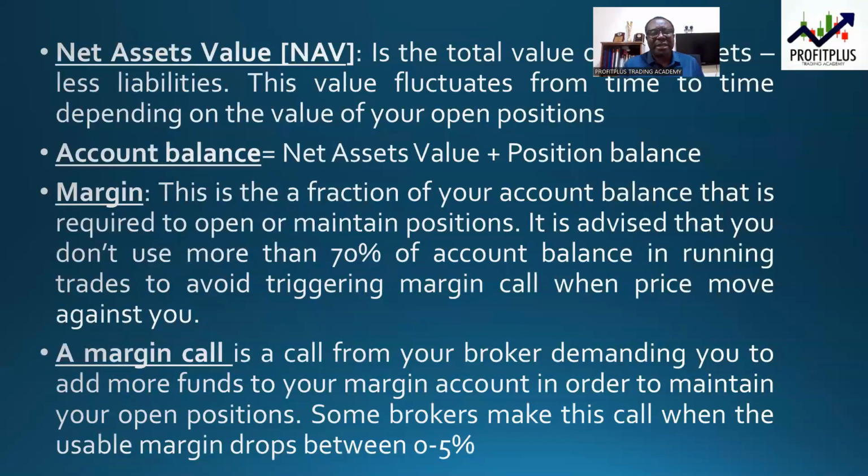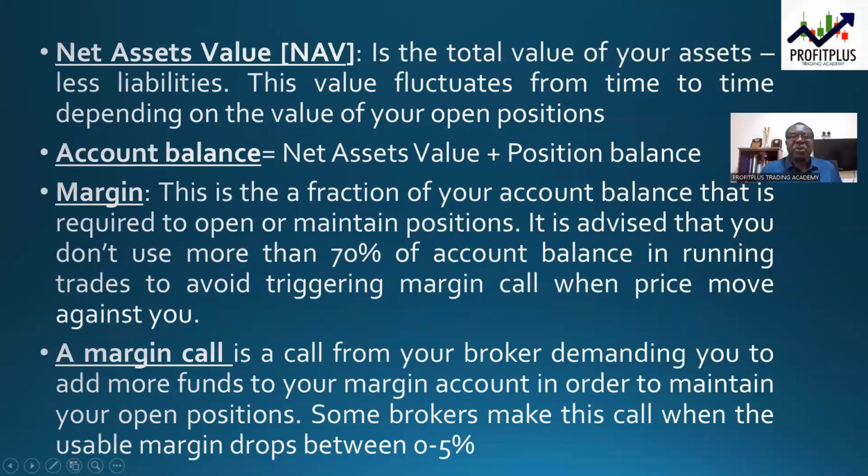Now let's look at another thing: net asset value. Net asset value is the value of your assets less the liabilities. In Forex trading, this value fluctuates from time to time depending on the value of your open positions. Of course, you know that when you open a position, it drops into negative. If your account balance is $30,000 or maybe $5,000, when you open a position on EURUSD buy, you see that the balance drops a particular amount.